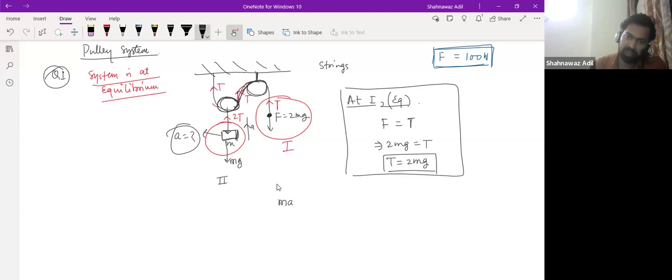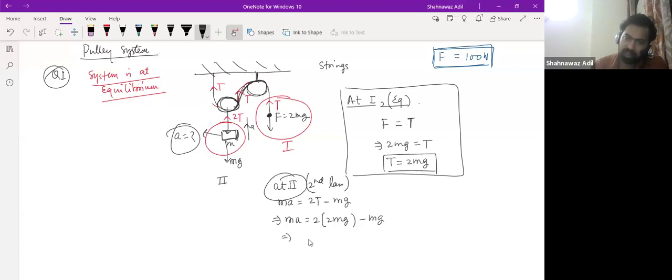Yeah, so by second law, MA is equal to, in the direction, 2T minus mg. So MA, 2T is 2 into 2 mg, minus mg.